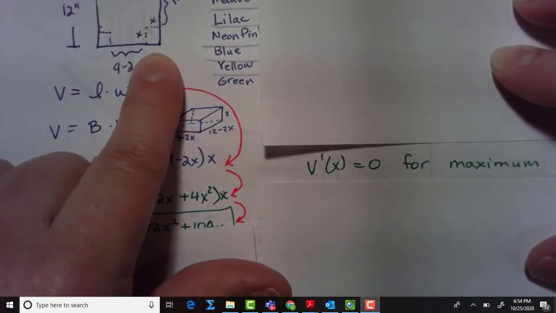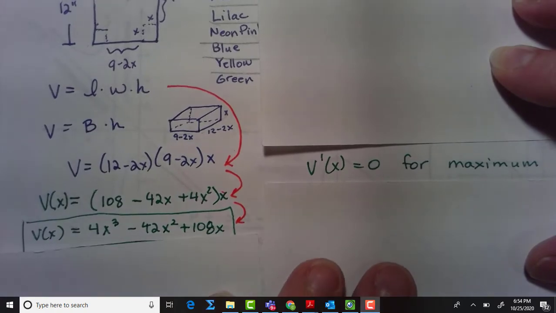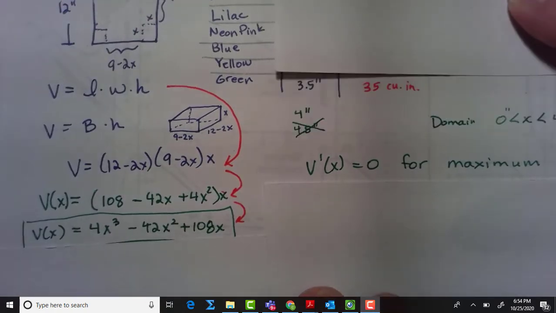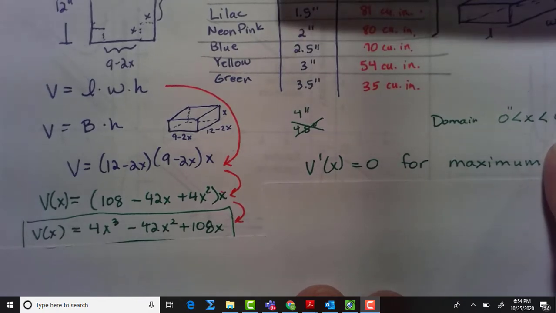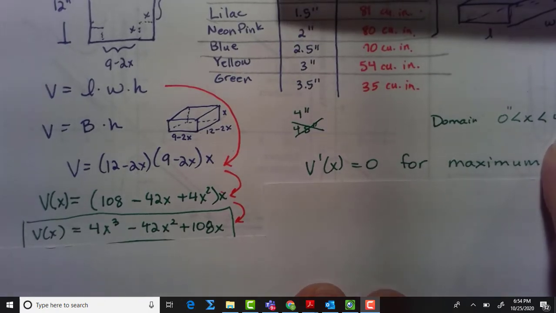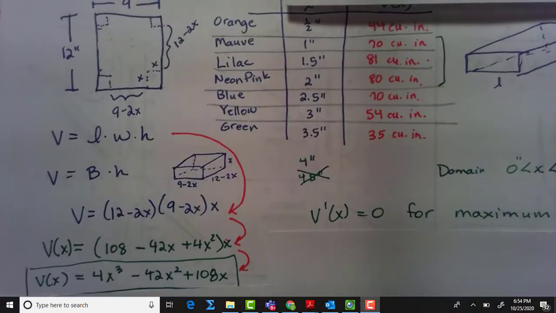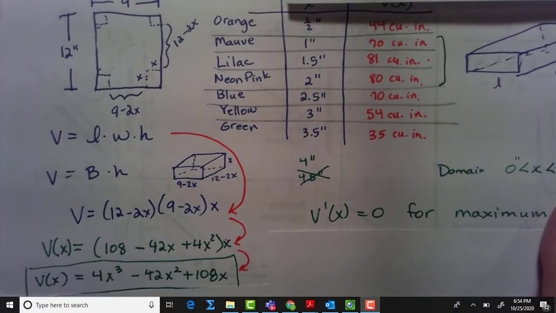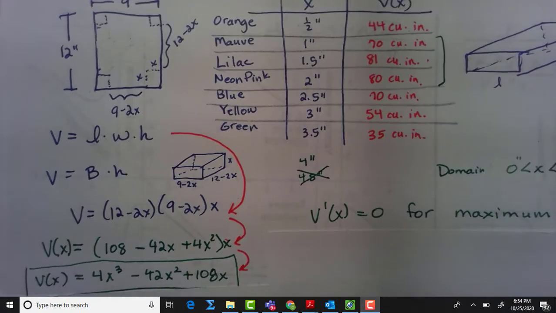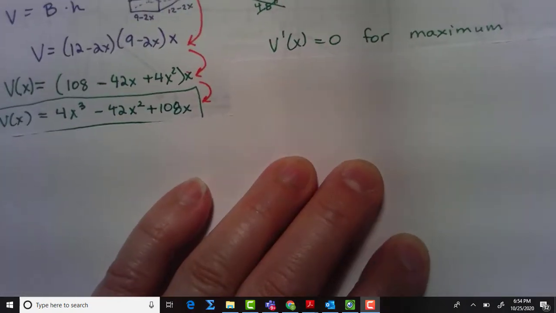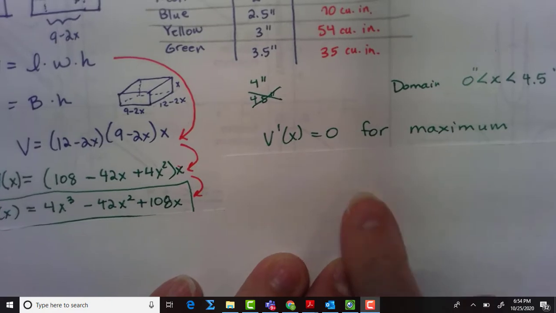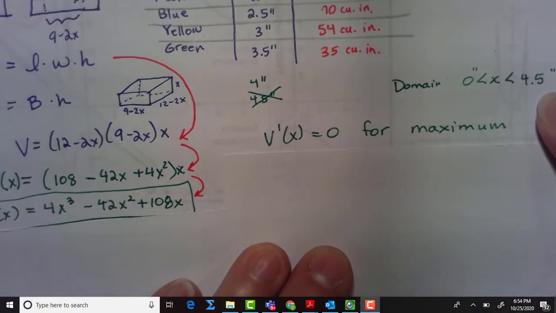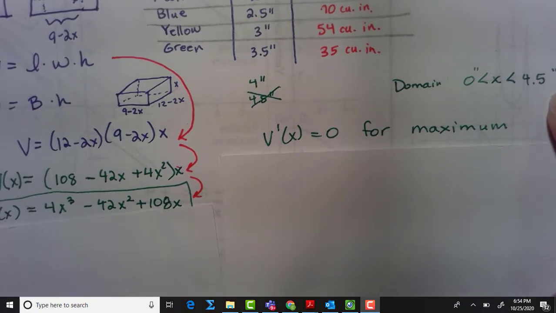Well, the biggest we could cut would be less than 4.5 inches, because if we cut 4.5 inches, then this piece of paper is cut in half. So our domain is from 0 to 4.5. We are going to be looking for the derivative set equal to 0 to find our maximum, and we want our answer to be between 0 and 4.5 inches.